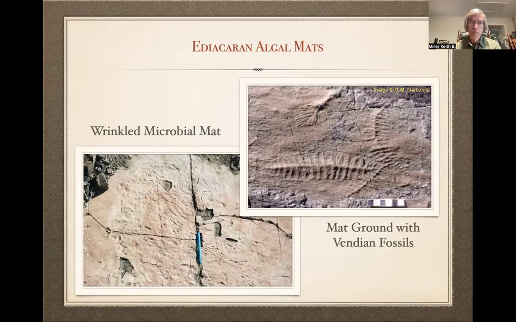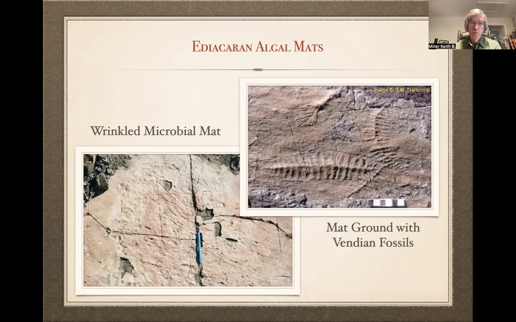They're called mat grounds. So virtually everywhere, the seafloor would have been covered by these sticky, mucilaginous algal mats. And all the multicellular organisms that were living at the time were living on those mats. They were feeding on those mats or using them as a place to attach, okay?